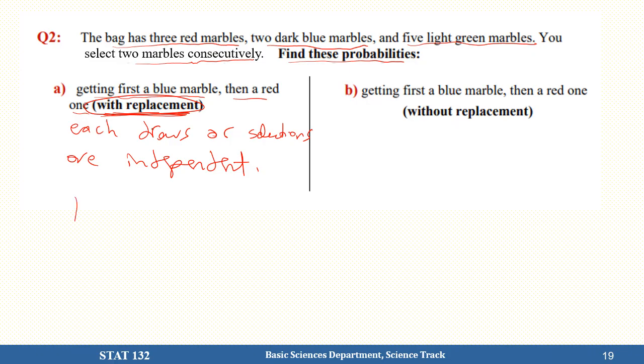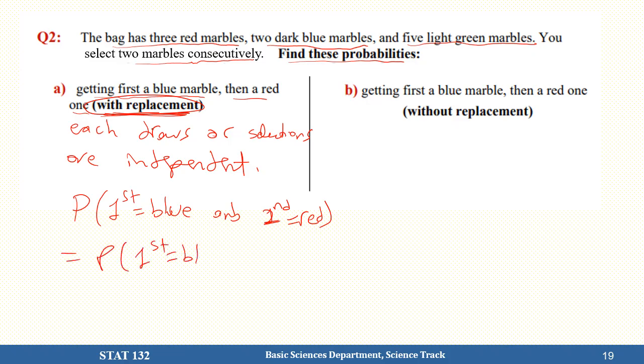For this reason, you can write the probability that the first is blue and the second one is red is equal to the probability that the first is blue times the probability that the second is red.